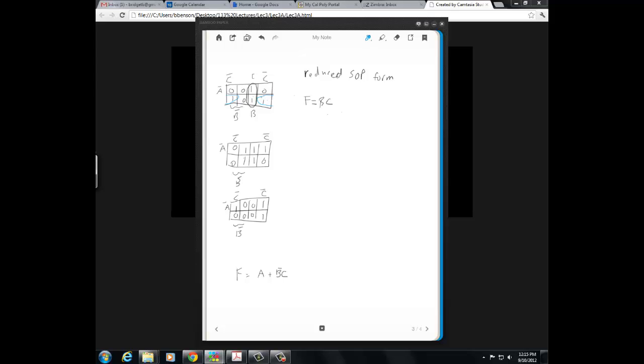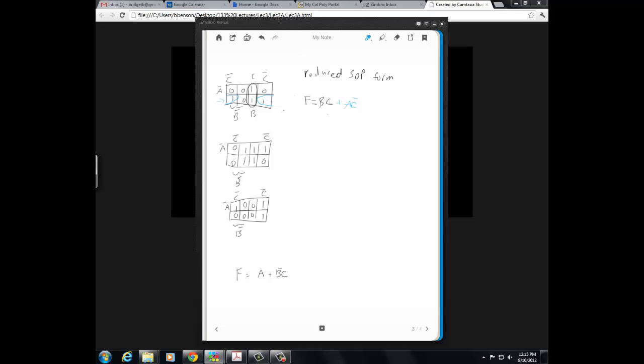Now the blue grouping is in the A row and in the C0 columns. Do you see how it's in the A row and the C0 columns? So all groupings of 2 in a 3 variable K-map are going to have 2 variables in it. All groupings of 1 will have 3 variables in it. All groupings of 4 will have 1 variable in it.